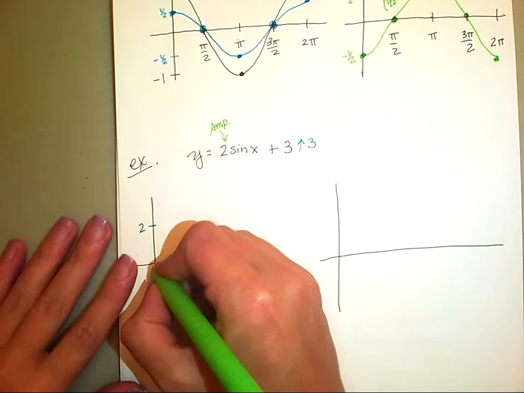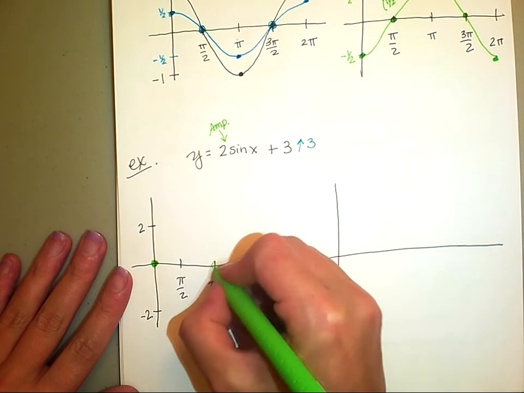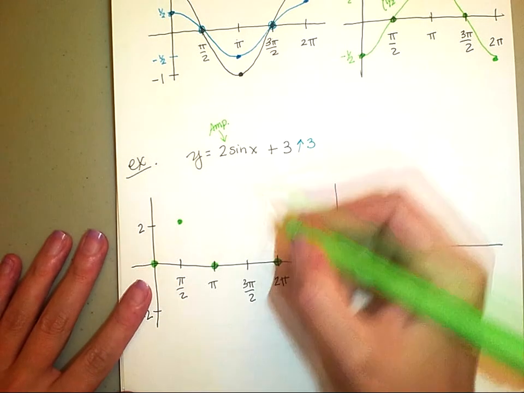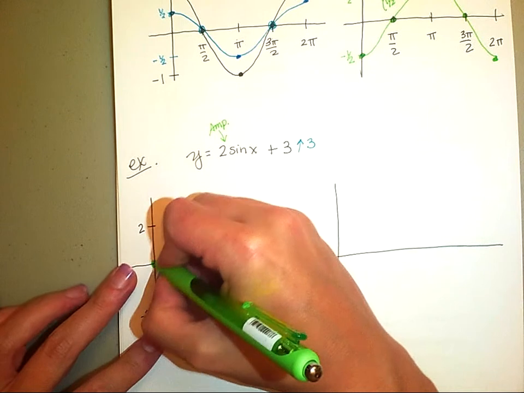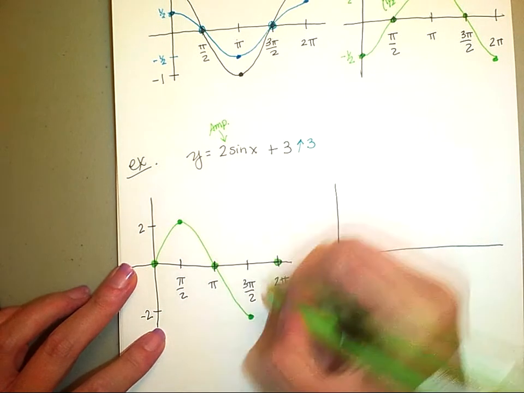Now the sine of x starts at 0, ends at 0, and the middle is at 0. Halfway between, it peaks, and halfway below that it valleys. So this is y is equal to 2 times the sine of x.